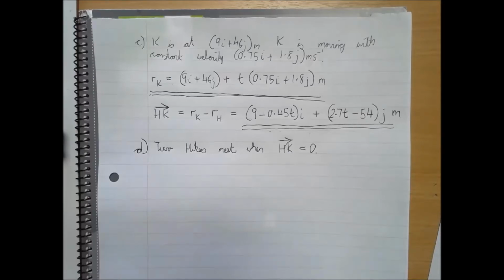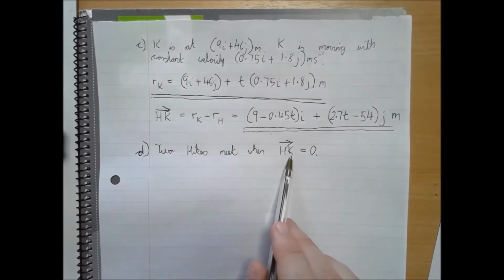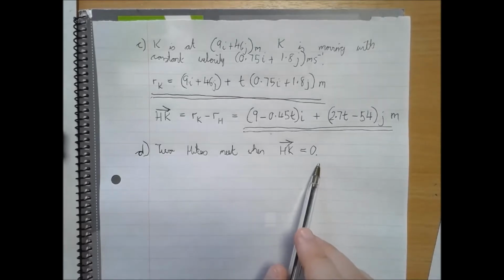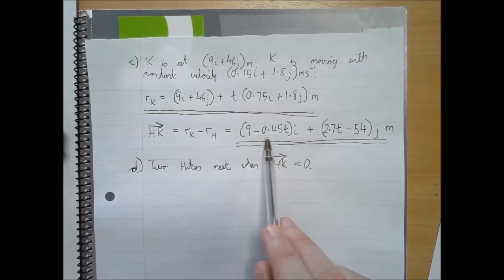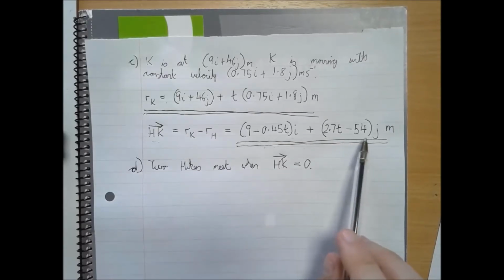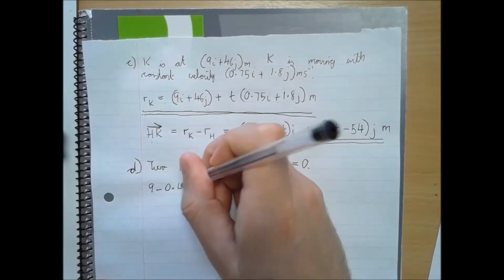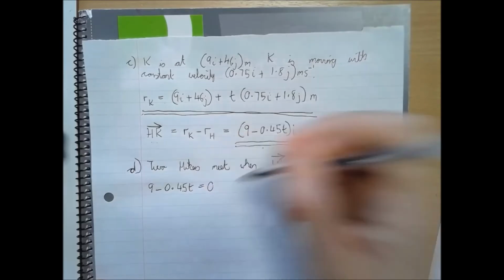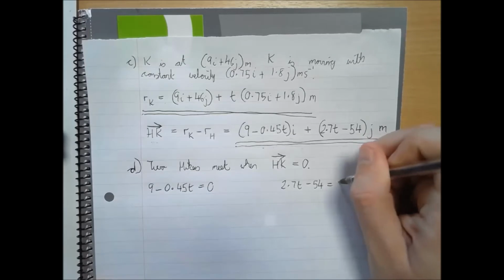Okay, part D. We are to show that the two hikers meet and find the position vector of the point where they meet. Well, when they meet, that will mean that HK will equal 0. We obtained HK here, so obviously we will set our i component to 0 and our j component to 0. So we have 9 minus 0.45t equals 0, and 2.7t minus 54 equals 0.